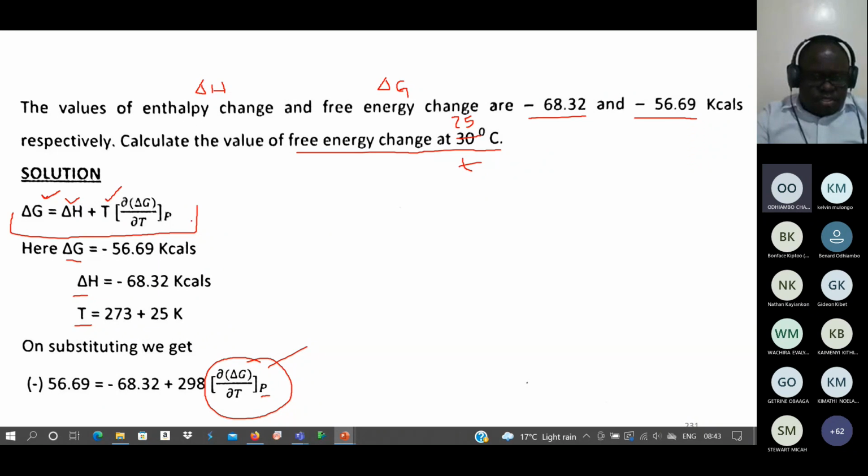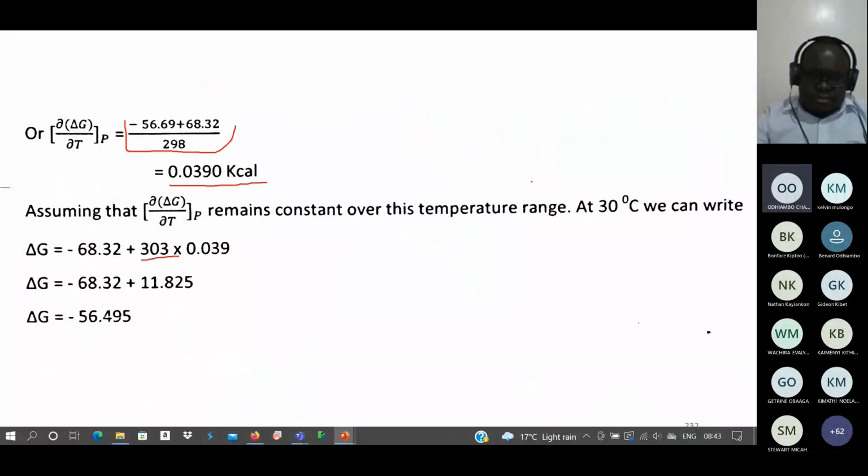The question still remains at 30 degrees Celsius. So this one is determined at room temperature, which is 25. But now we want to find delta G at 30.